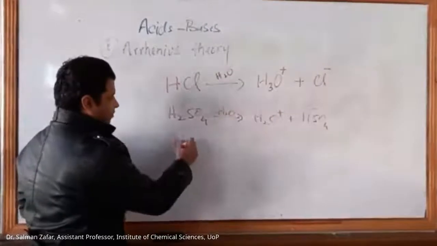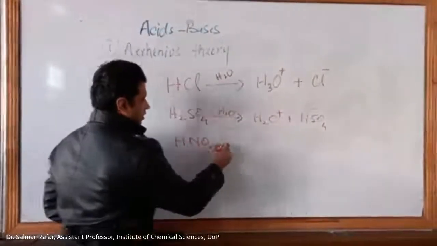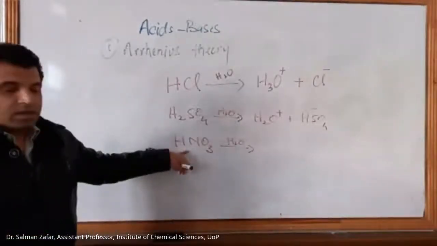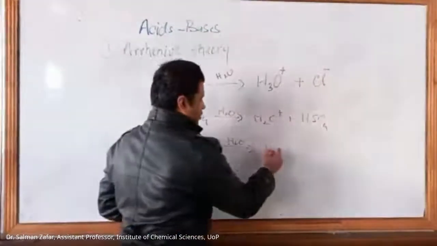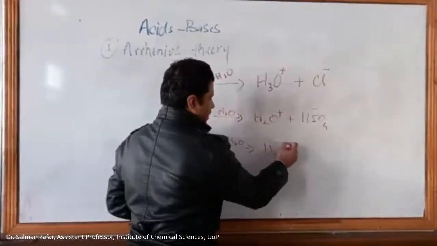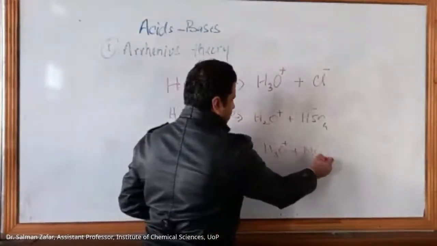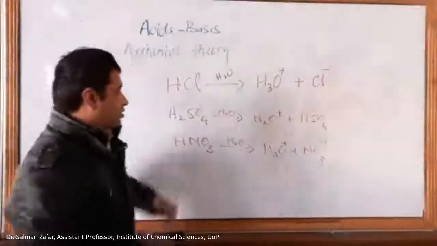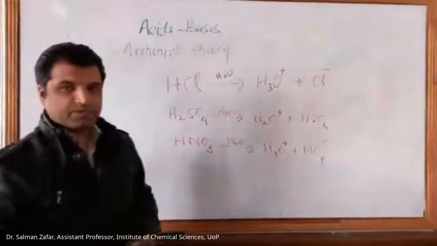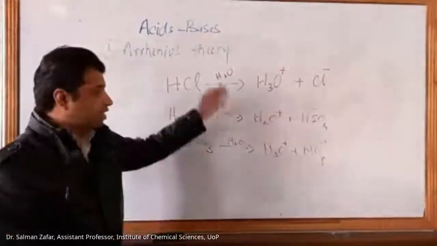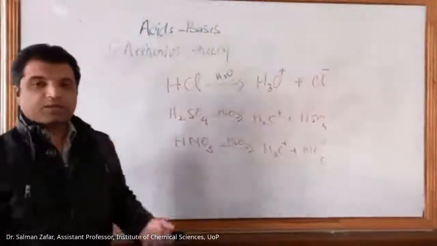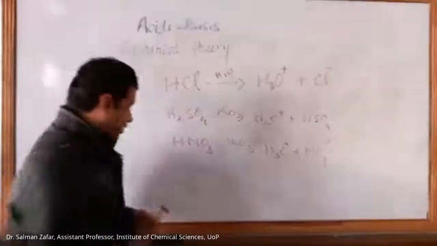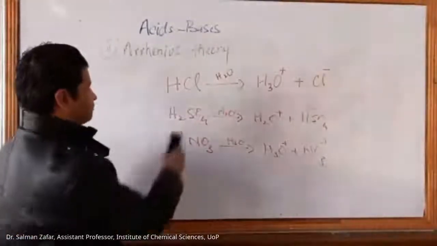Similarly, you have nitric acid, HNO3. HNO3 dissociates into a hydrogen ion and a nitrate anion. So these are some examples of molecules which produce hydrogen ions in aqueous solution, and that is why Arrhenius classified them as acids. Now let's see some examples of the bases.